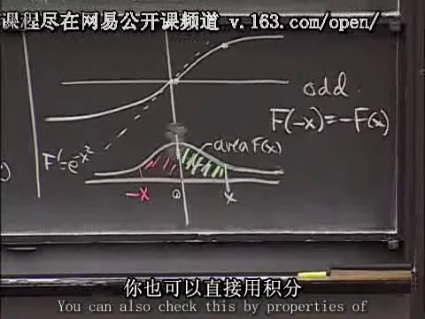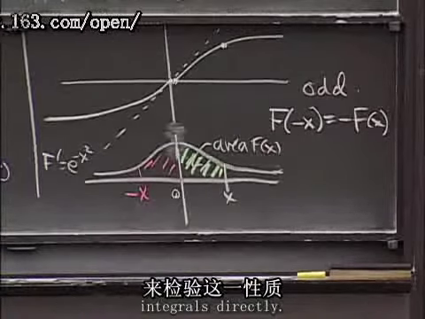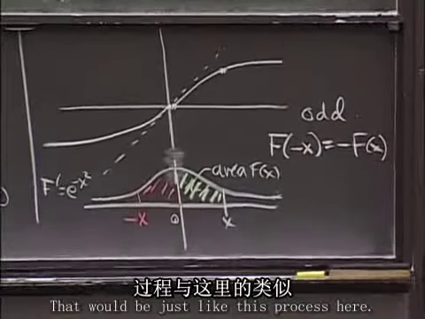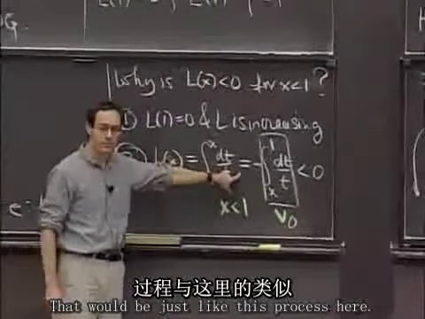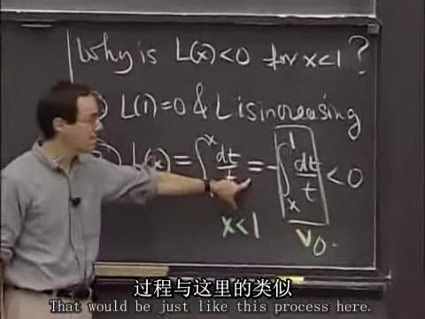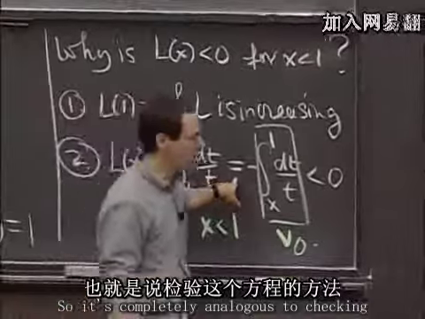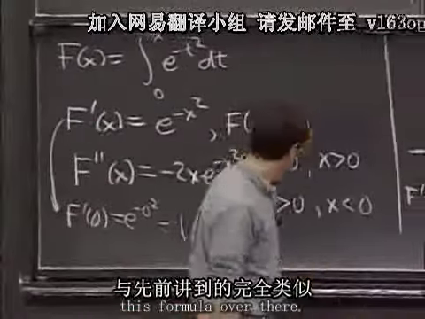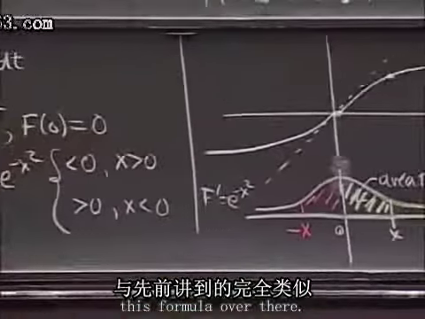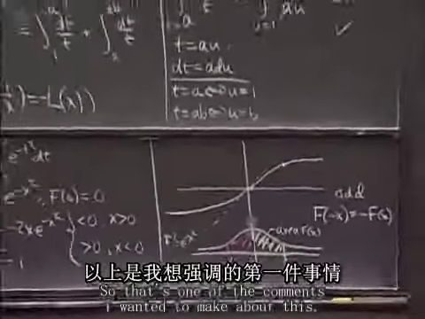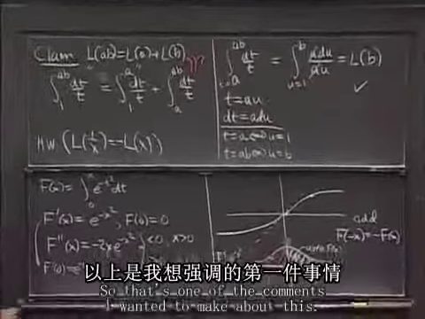You can also check this by properties of integrals directly. That would be just like this process here. All right, so it's completely analogous to checking this formula over there. So that's one of the comments I wanted to make about this.